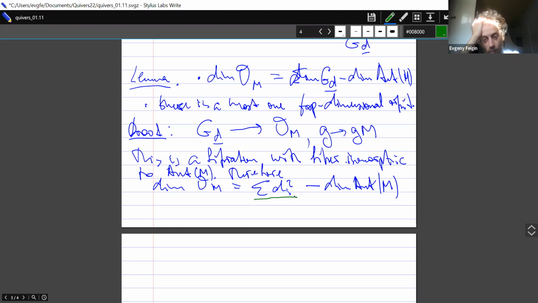So the question is, is it possible that there are two such likely classes of representations? Yes, this is the claim of the lemma. But can we somehow understand why this is true?